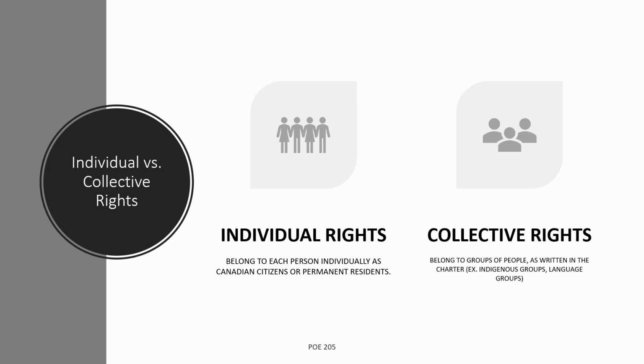So this would be like minority language education. It's important to understand that there are both individual and collective rights enshrined in the Charter, and that some of them are looking specifically at the rights of groups, whereas some are looking specifically at the rights of individuals.